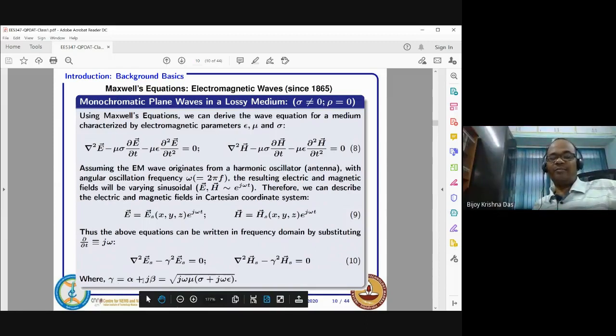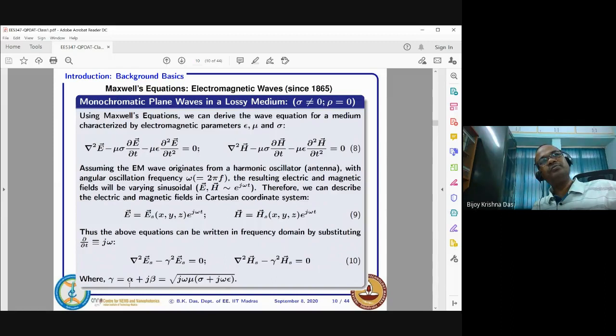But sometimes what happens, I know why you are saying that, in some textbooks you will see that beta is considered and you forget about alpha. Suppose sigma is 0. If sigma is 0, what is the alpha value? 0, right? If sigma equal to 0, the real part is 0, but that means your gamma is equal to j beta.